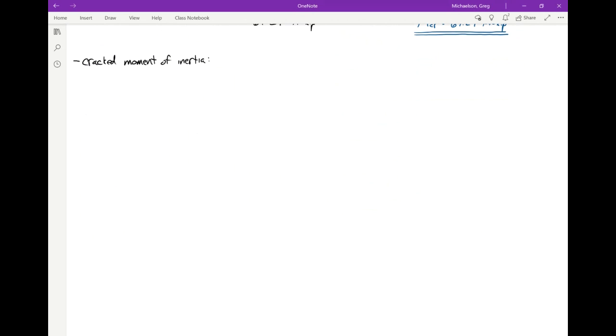Now, in order to compute n, we need Es over Ec. So let's go ahead and compute Ec first. This is normal weight concrete. So normal weight concrete is 57,000 times the square root of f'c. That'll give us Ec. And so this is 57,000 times the square root of 4,000 psi.